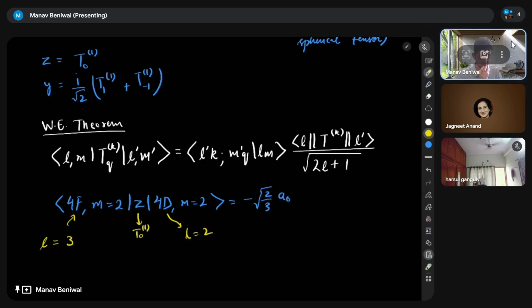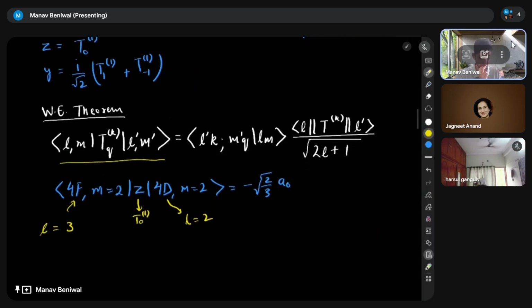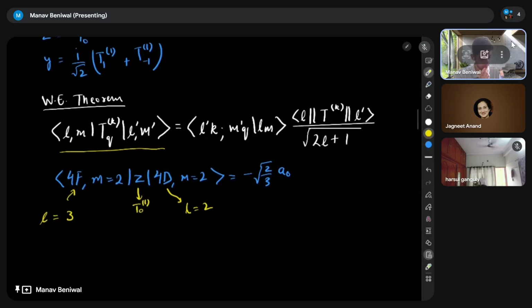Right. So if we now compare with this, here we have L is 3, M is 2, right? And instead of TQK we have T01, and L prime M prime we have 2 comma 2. Correct? So we can now write this as 3 comma 2 T01 2 comma 2.